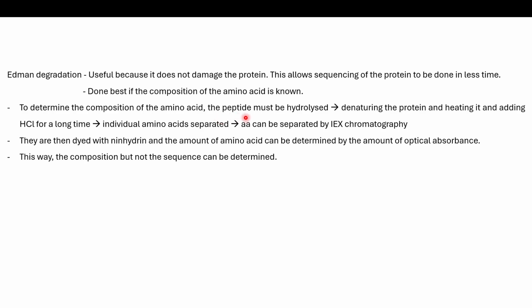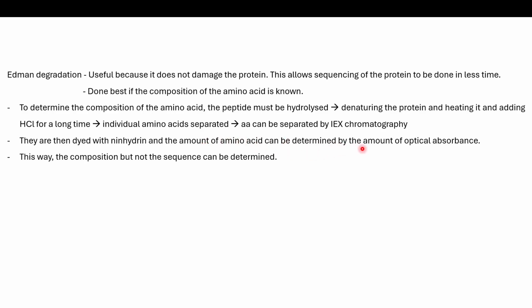To determine the composition, what also happens is the peptide should be hydrolyzed, and you denature the protein, heat it, and add HCl for a longer time, and hence individual amino acids get separated, and you can then again do chromatography to check what type of amino acids are present, and then you dye it with ninhydrin reagent, what we saw earlier, and it will be giving off a purple color.